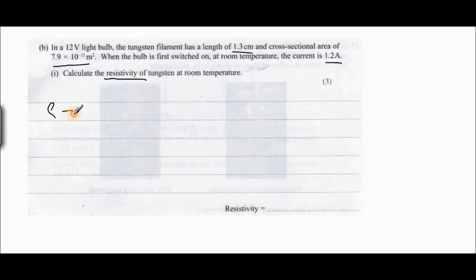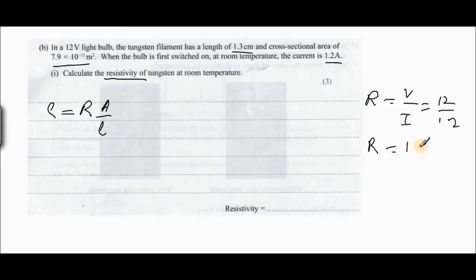Resistivity rho is equal to RA by L. For resistance we can use R = V/I. Voltage is 12 and current is 1.2, so 12 divided by 1.2, so resistance will be 10 ohm.